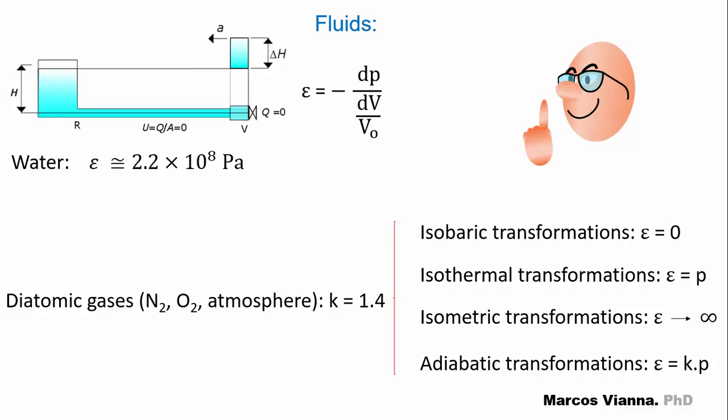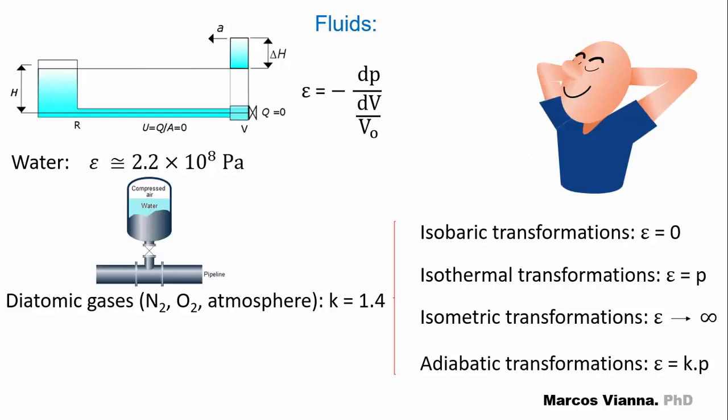When we study water hammer, the elasticity modulus of water will be important for the determination of the so-called celerity, and the elasticity modulus of the air will be important for studying the air chambers. But these are topics for other videos that will come soon.